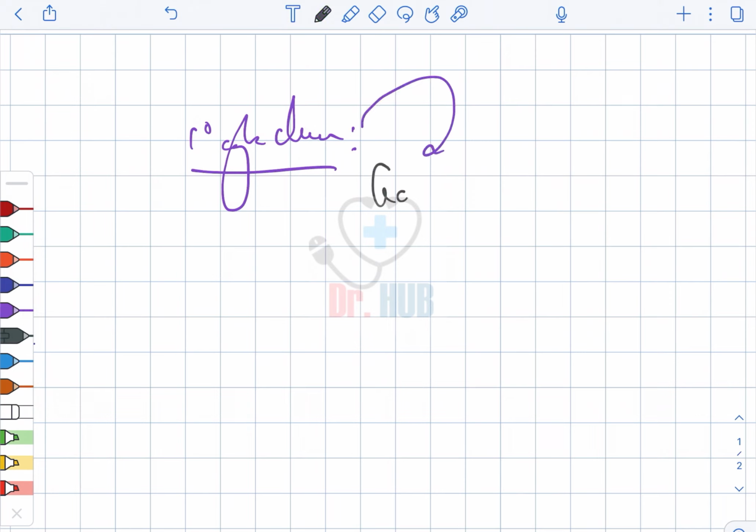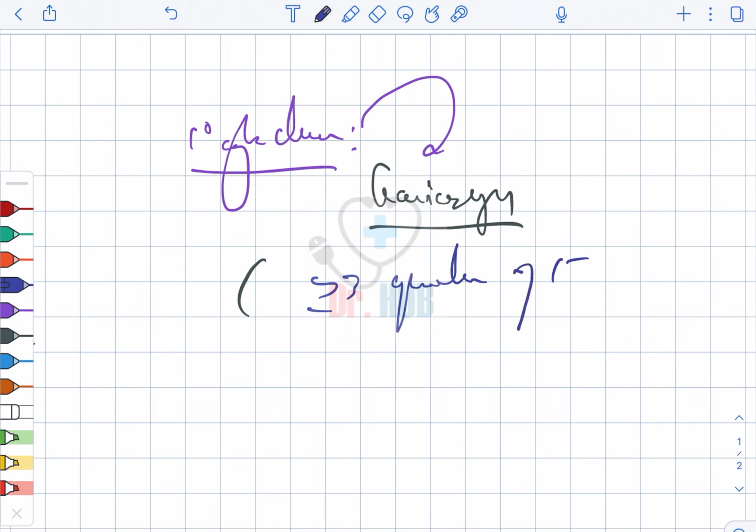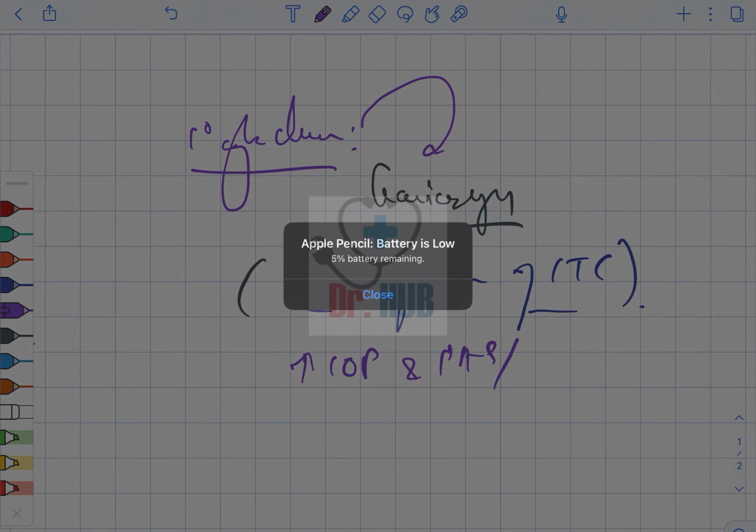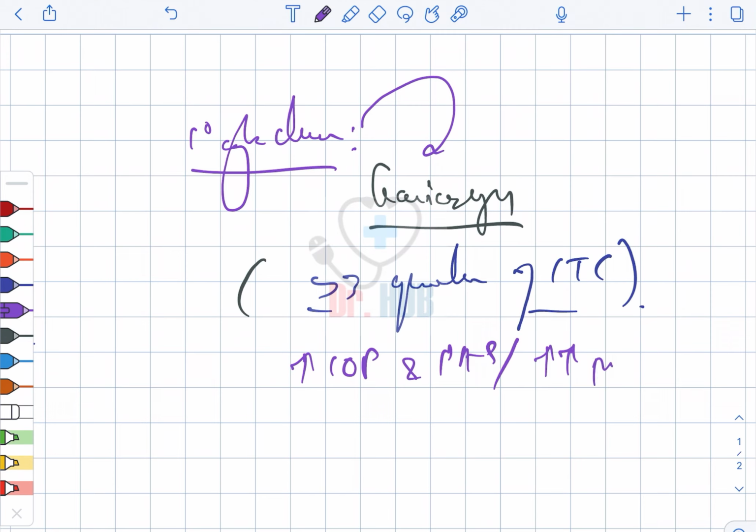Here the gonioscopy shows three or more quadrants of ITC, iridotrabecular contact, and there is raised IOP and PAS or excessive pigment smudging on the TM, the trabecular meshwork.